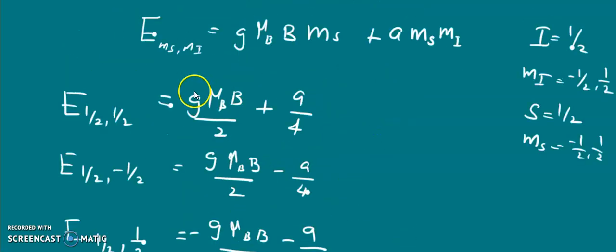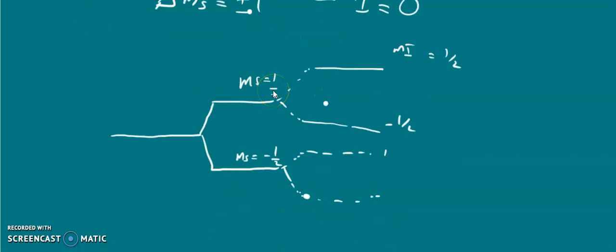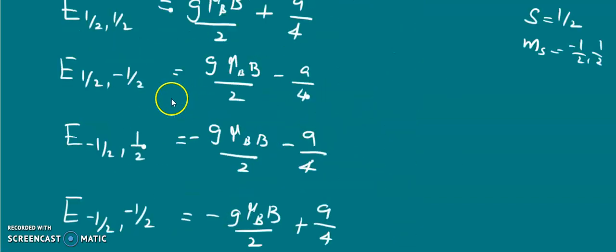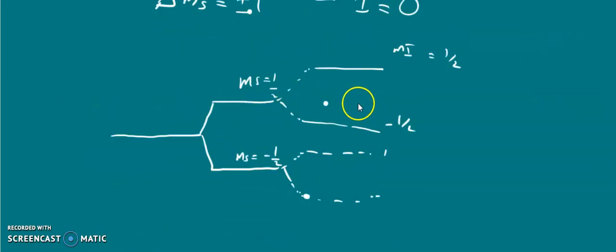So from these expressions we can see that ms equal to plus half has a greater energy, because when ms is minus half, this is negative. So we will draw a diagram such that ms equal to plus half has greater energy than ms equal to minus half. Now when ms equal to plus half, which one has greater energy? Half. Then only this is plus A by 4. So this is mi equal to half, and the lower energy level is mi equal to minus half.